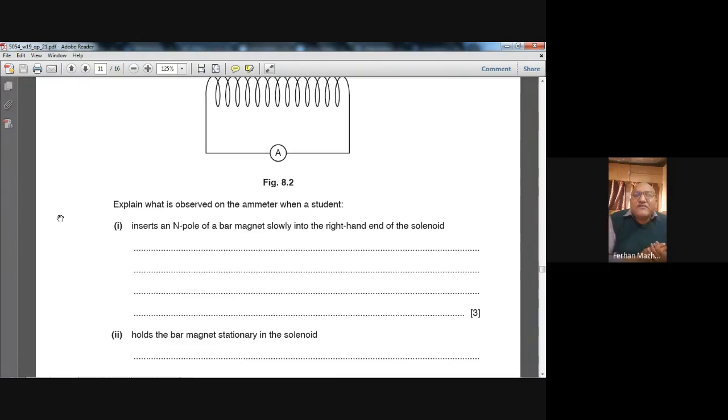So the EMF will be induced in the solenoid and the galvanometer will show deflection. Kusam, you will write the answer? Okay, sir. Wait.